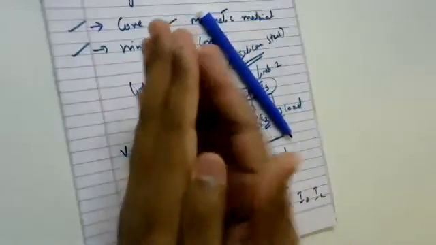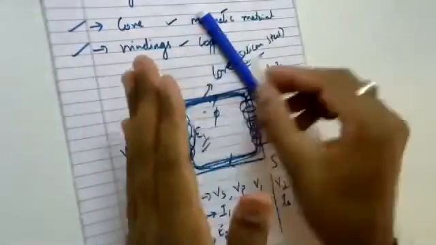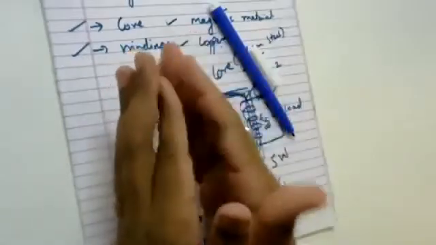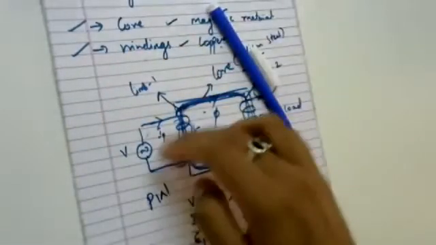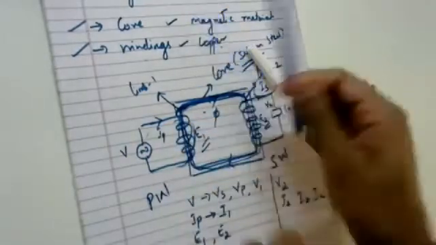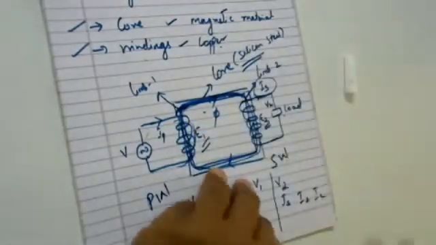In my next session I will show you actual laminations. Normally your core is made up of several laminations of E, I, P, like that. So laminations are used in order to make this a square or rectangle like this.